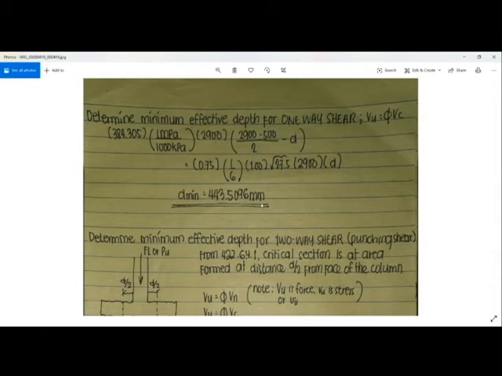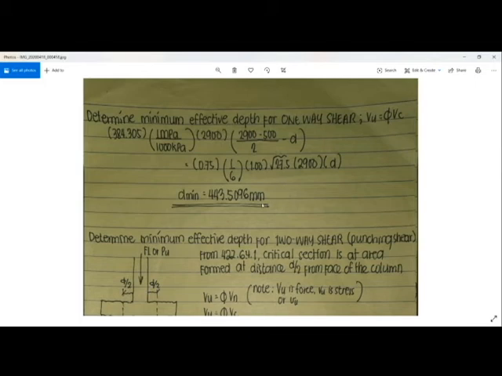So the d minimum for your footing to withstand one-way shear is equal to 443.5096 millimeters.